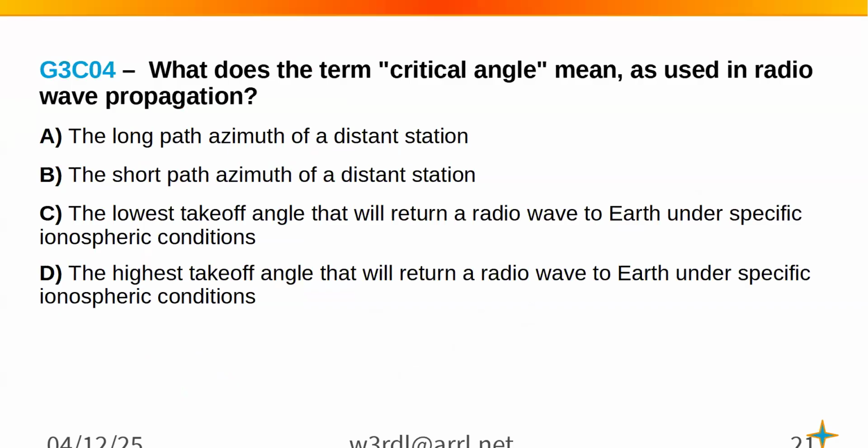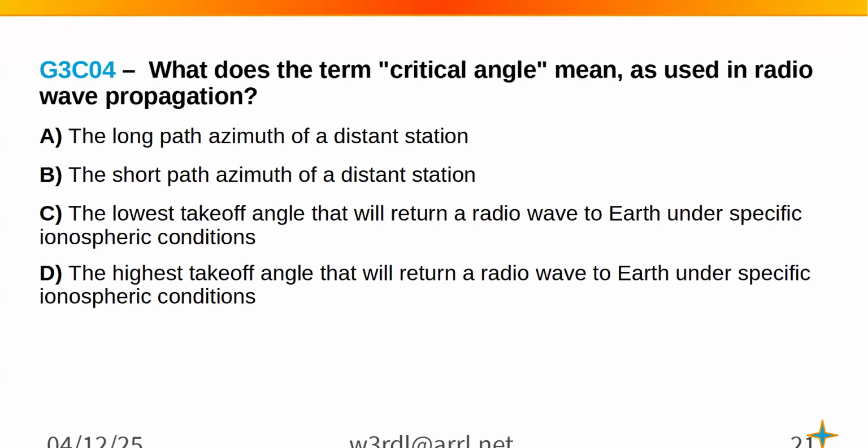What does the term critical angle mean as used in radio wave propagation? It says under specific ionospheric conditions. One of those would be when the LUF is lower than the MUF, right?